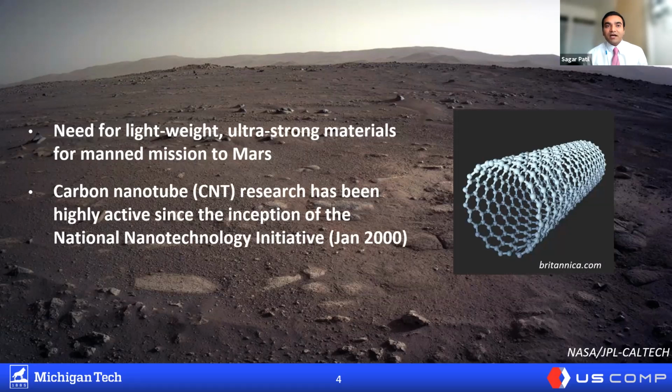CNTs have much higher strength and stiffness than traditional carbon fibers. But for the past 20 years, the effective use of carbon nanotubes in composites has been slowed because of poor polymer-to-CNT load transfer, excessive CNT agglomeration, as well as lack of higher production rates for CNTs.